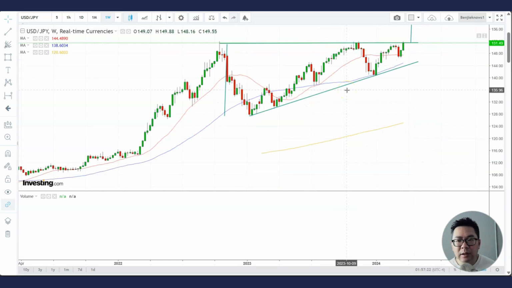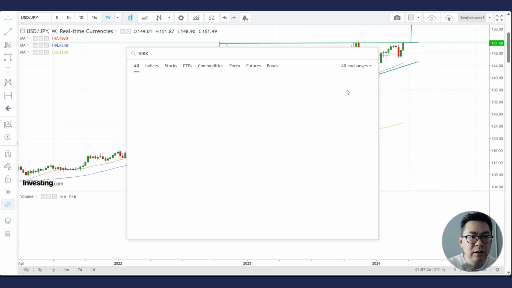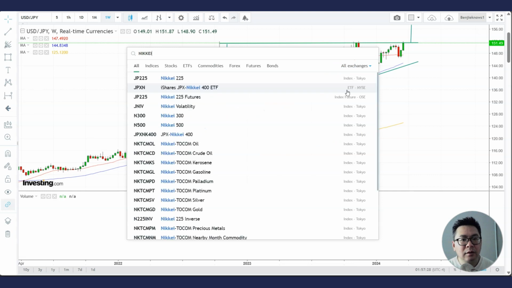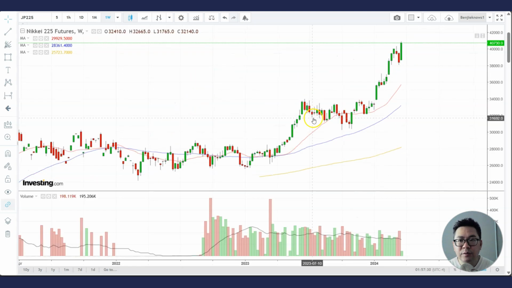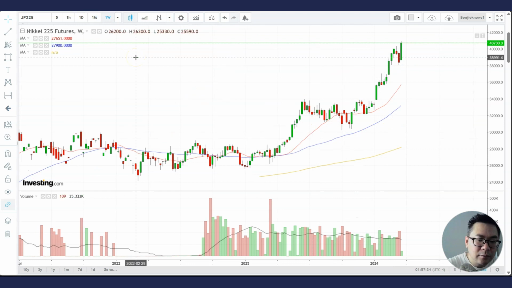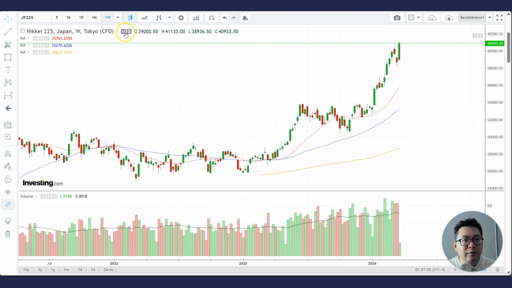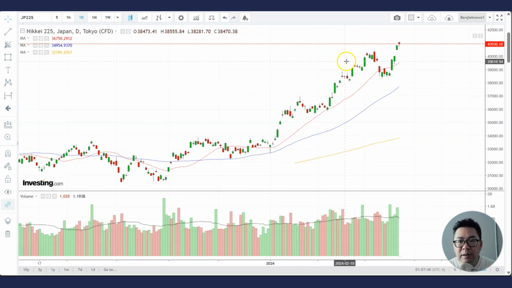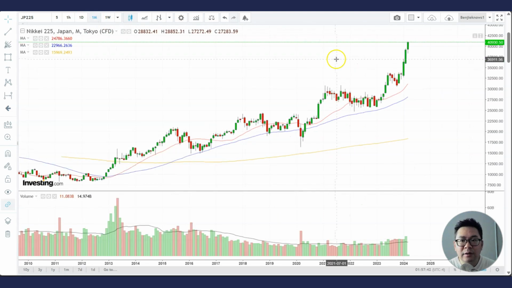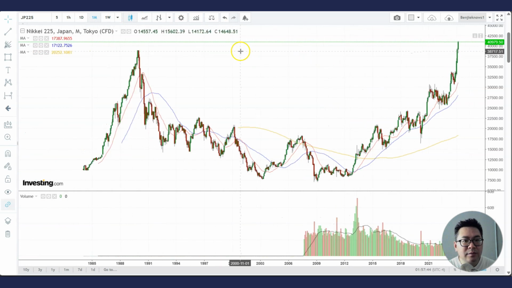Alright, so let's look at other markets as well, like the Nikkei. What is the Nikkei doing right now? Not the futures, the Nikkei 225 is making all-time highs. You can see that despite the stronger dollar, it has overcome the old highs here.